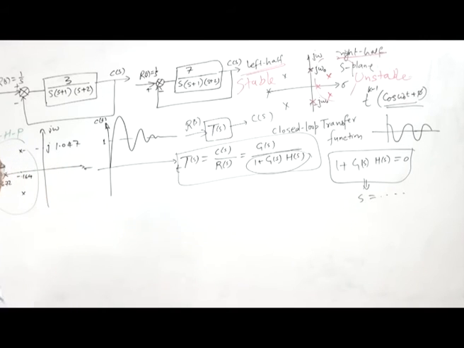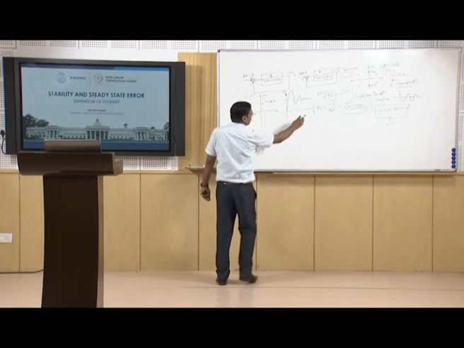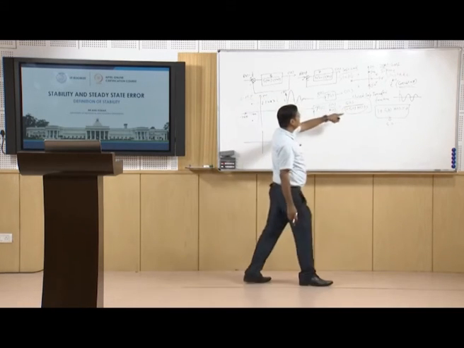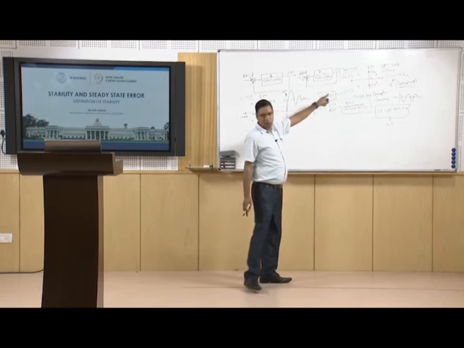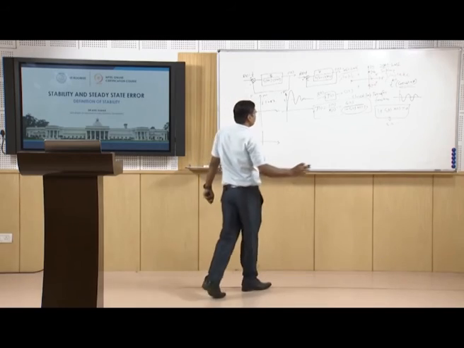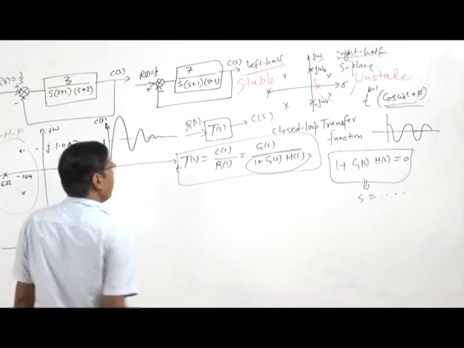So for this system, if we calculate the poles, T(s), here we should see that H(s) is 1, because there is no H(s), which means this is a unity feedback system. So H(s) is 1. So we can calculate G(s) by 1 plus G(s).